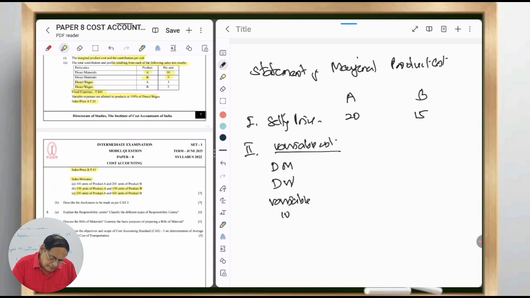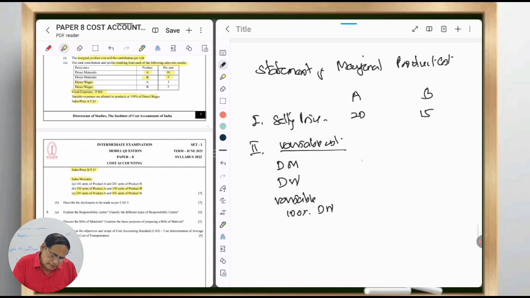Variable expenses means 100% of direct wages. So for product A, direct material is 10 rupees, direct wages is 3 rupees, and variable expenses also 3 rupees. So the total variable cost of A is 16 rupees.